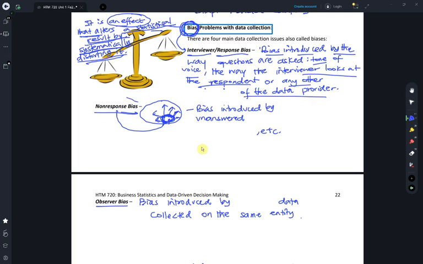On the other hand, bias can also be classified as non-response bias. And that would be bias introduced into the statistical results by unanswered emails or surveys, and even phone calls.